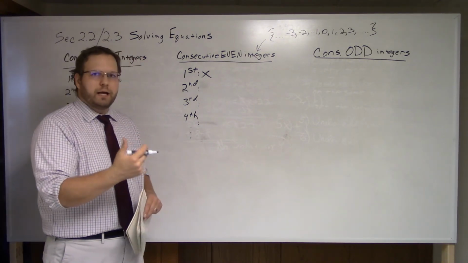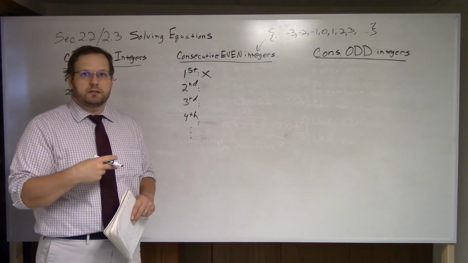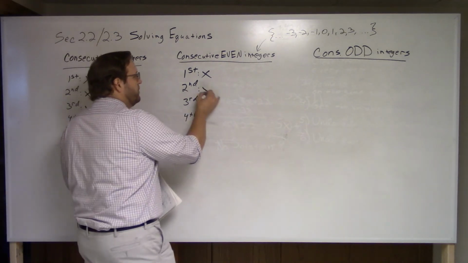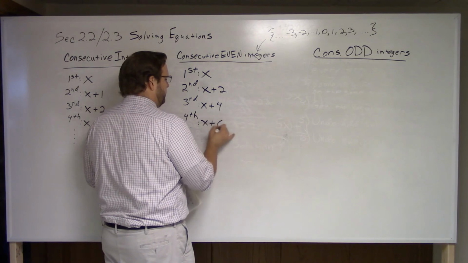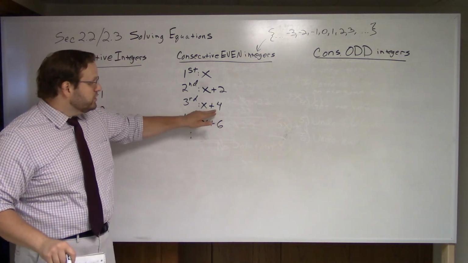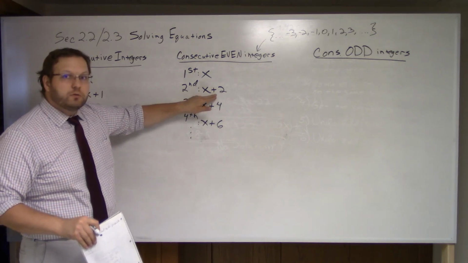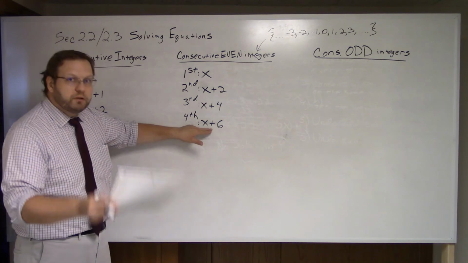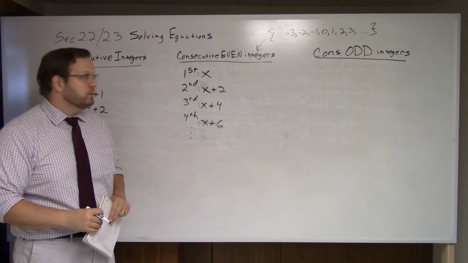I don't add 1, I add 2. Then 4 plus 2 gives me 6. Plus 2 gives me 8. Plus 2 gives me 10. That's what we're doing every time. Okay, and again, the 2 is being added to the previous, x plus 2. X plus 2 plus 2 more gives you a 4. X plus 4 plus 2 gives us 6. Okay, and that's how we build it from there.